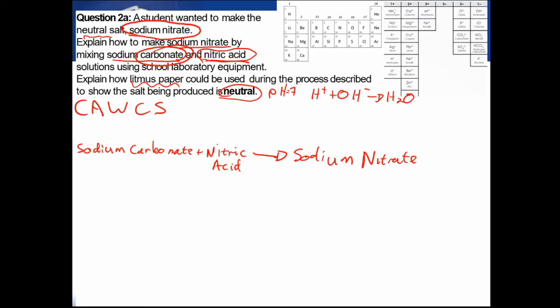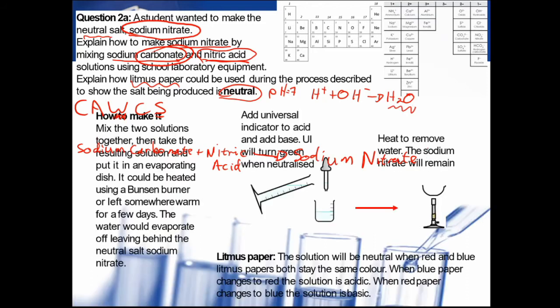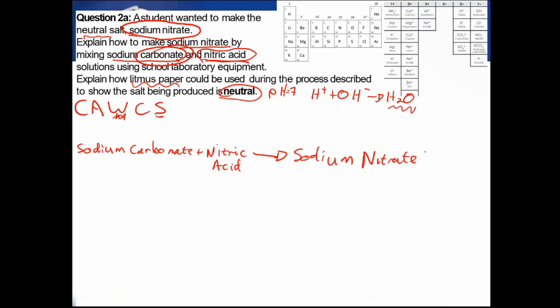Okay, and it's going to give us sodium nitrate, which is our salt, because the carbonate and the hydrogen part of the acid gives us water plus carbon dioxide.